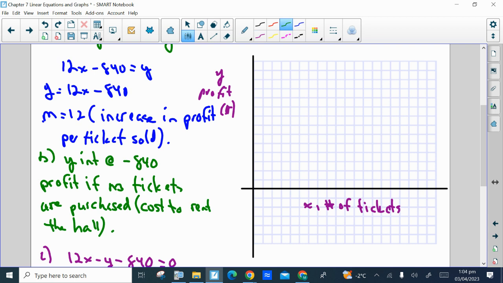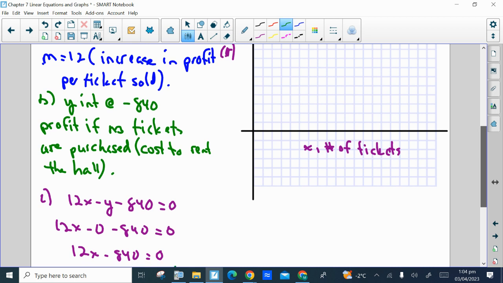So we know that our y-intercept is negative 840, so we need to choose a scale on the y-axis so we can see where negative 840 is. So maybe I'll use a scale of 200. The first line is negative 200, then negative 400, negative 600, negative 800, negative 1,000, and then negative 1,200.